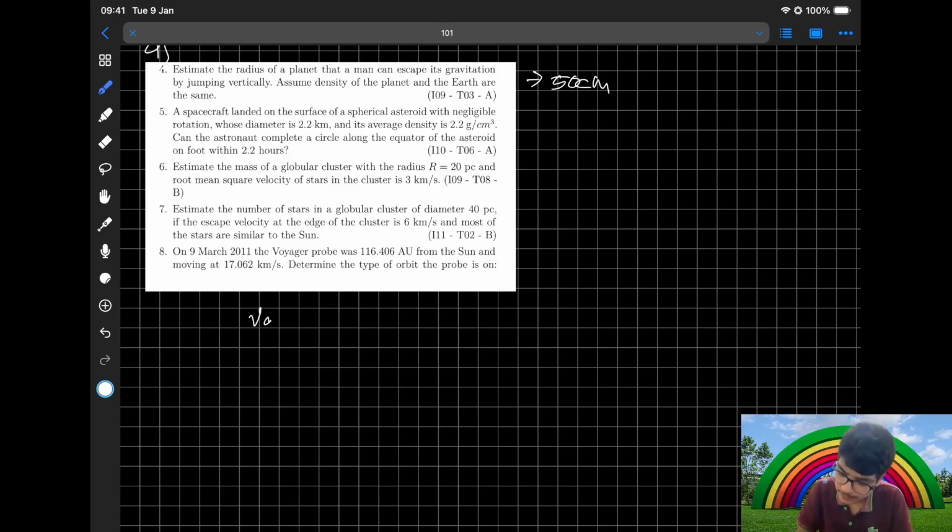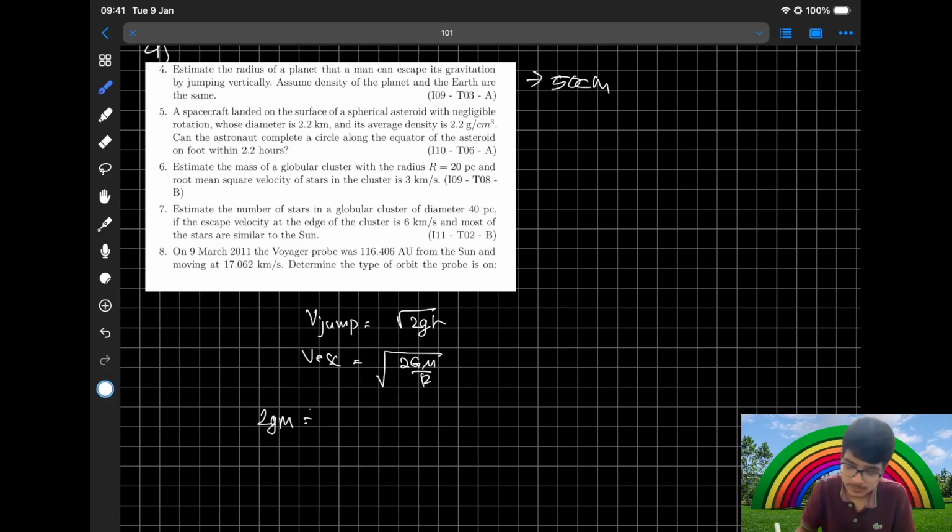So we will have to calculate the escape velocity and the jump. For the jump, and for escape, let us equate.